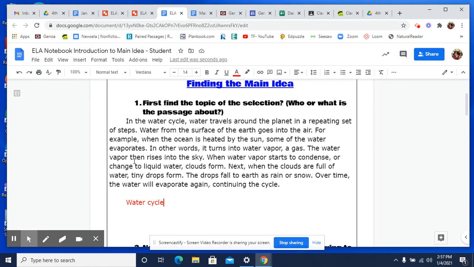It then rises into the sky when water vapor starts to condense. So now we're talking about condensation. So when it starts to condense, it changes to the liquid form of water. And then when the clouds are full, tiny drops form, and those drops fall to the earth as rain or snow. So we're talking precipitation now.